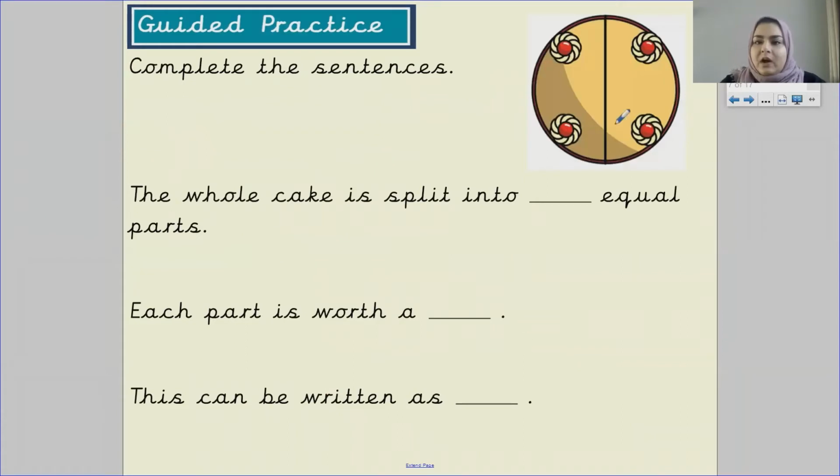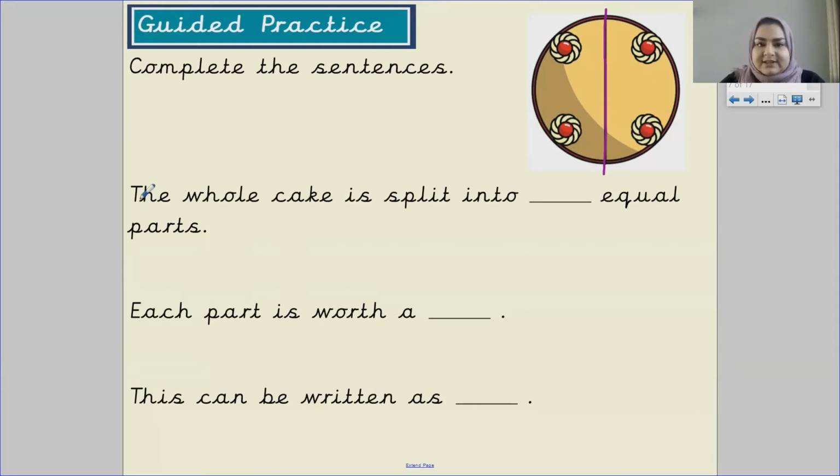Now I want you, for your guided practice number 2, to complete the sentences. If you have a look at this picture, I have a cake, and my cake has been halved. You can see a line through the middle, and my cake with a line through the middle means it's halved. On your mini whiteboards, can you complete these sentences?